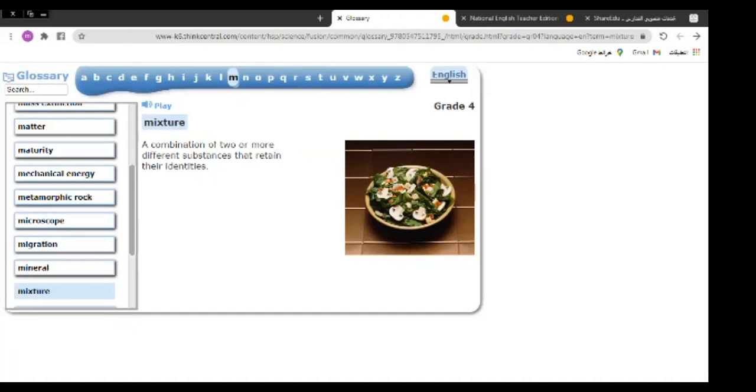It's a combination of two or more different substances that retain their identities. Like in this salad, you can see some fruits. We cut and tear it, to put it in a new plate, like as you see here. So it's a mixture.